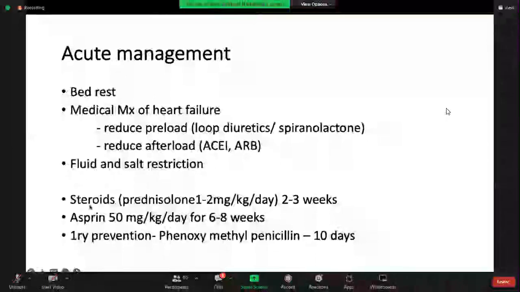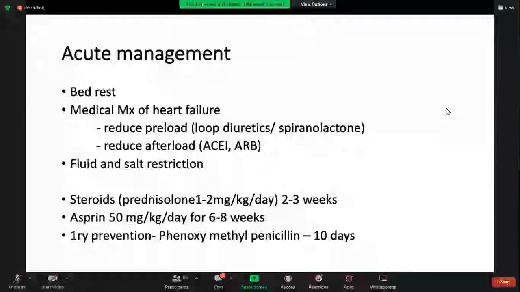And the most important thing here is steroids. In rheumatic carditis with cardiomegaly, you have to treat with steroids first before starting aspirin. You start steroids for a few weeks and only then start on aspirin. Why? Aspirin usually causes water retention.